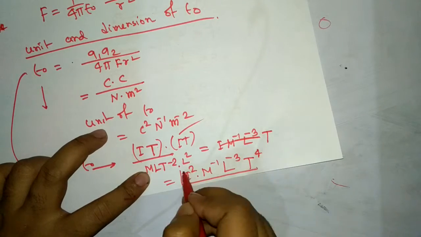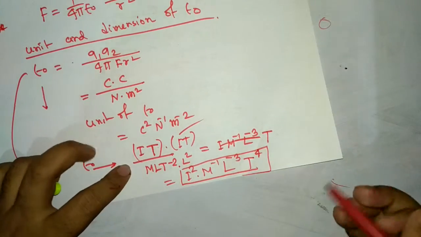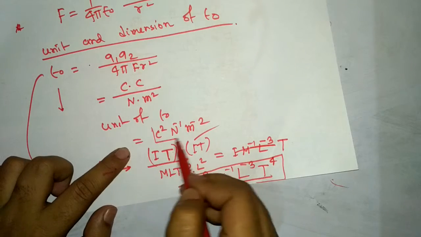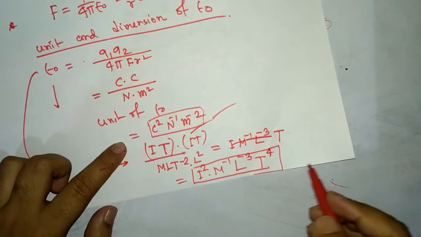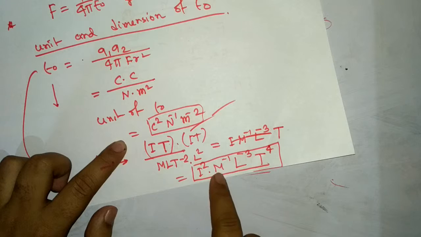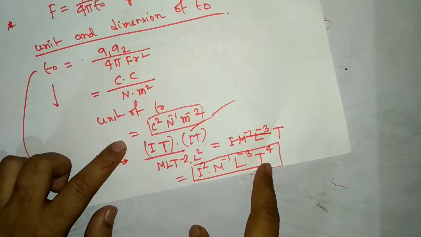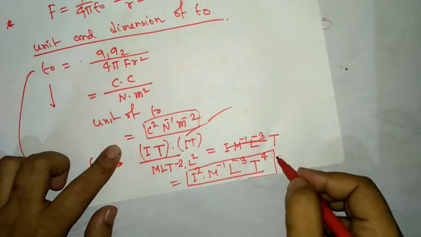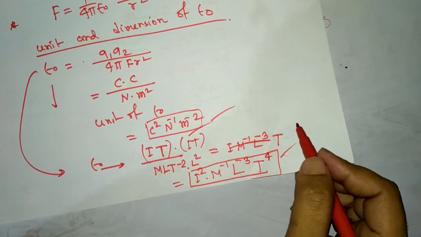So the unit is Coulomb square Newton inverse meter to the power minus 2, and the dimension is I square M inverse L to the power minus 3 t to the power 4. This is the unit and dimension of epsilon.